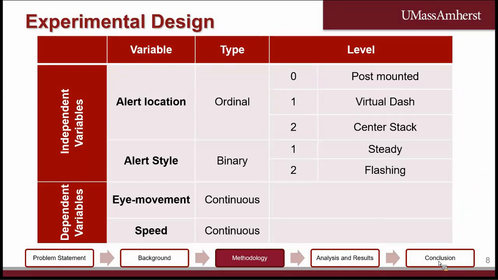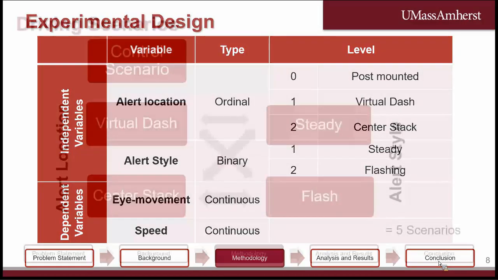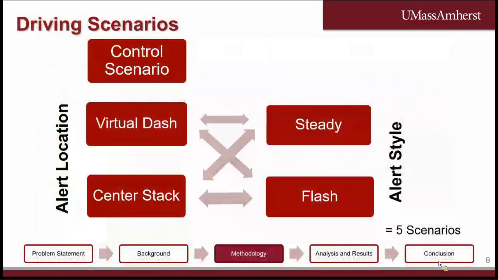And then these two independent variables and the control scenario all provide a combination of scenarios. They sum up to 5 scenarios, like a combination of virtual dash and flashing, virtual dash and steady, and similarly with the center stack.